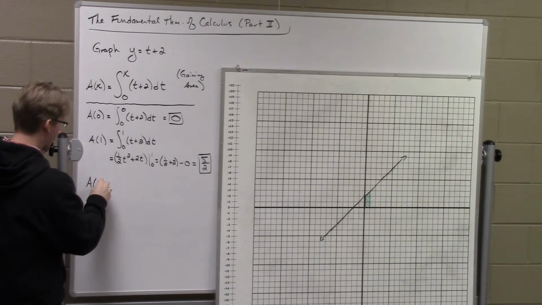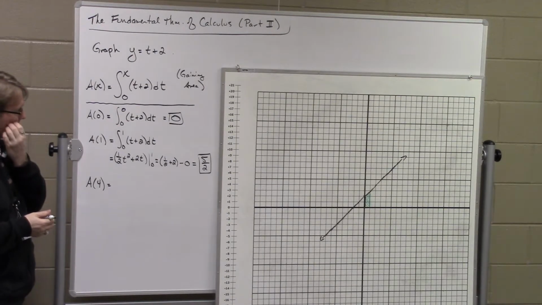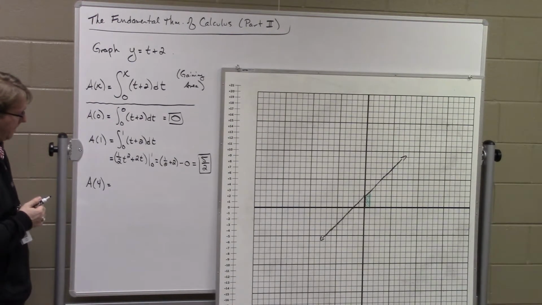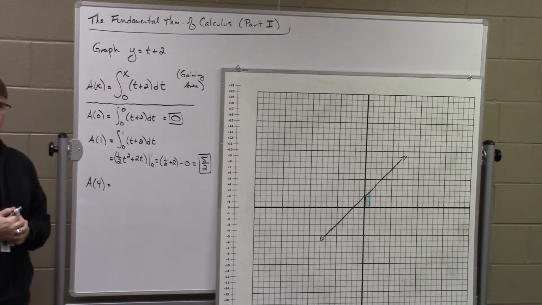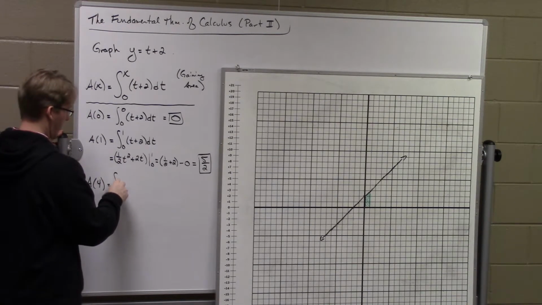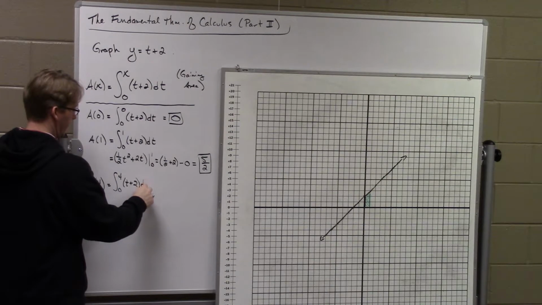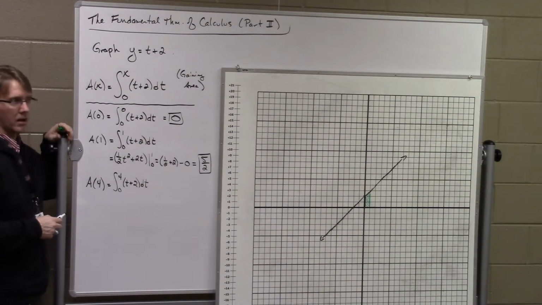A of 4. Whichever way you want to do this, antiderivative, area, knock yourself out. This would be the calculus, well, 16. Yeah, I think that's right.